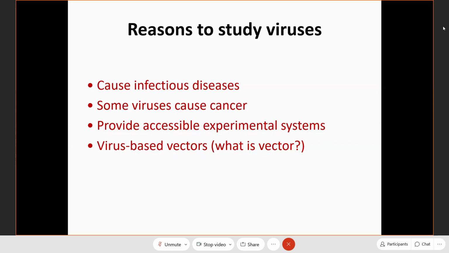That's why some viruses can cause cancer. The virus does not directly cause multiplication of the cell, but it causes alterations in the genome of the cells. So the cells won't stop dividing; they become immortal.